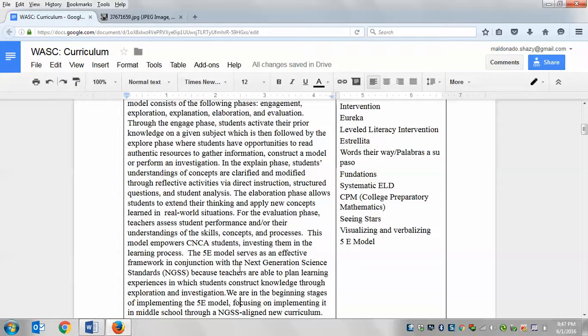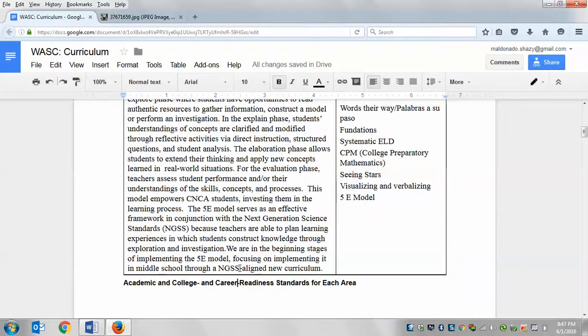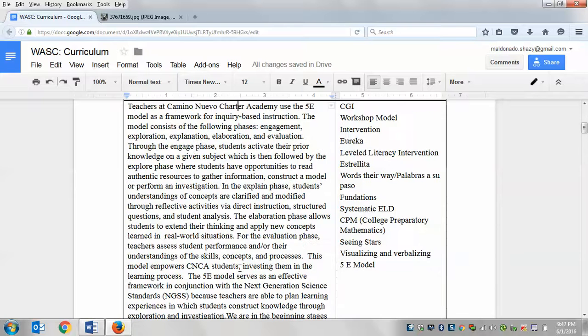The 5E model serves as an effective framework in conjunction with the Next Generation Science Standards, NGSS, because teachers are able to plan learning experiences in which students construct knowledge through exploration and investigation. We are in the beginning stages of implementing the 5E model, focusing on implementing it in the middle school through an NGSS-aligned new curriculum. I want you to pause the video in a moment and turn and talk to your group. How do I effectively answer the prompt?